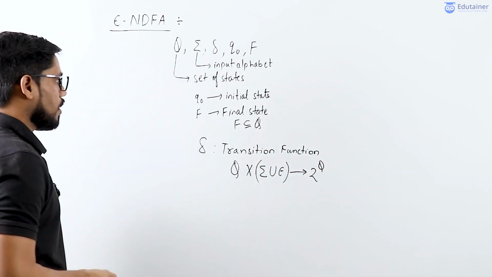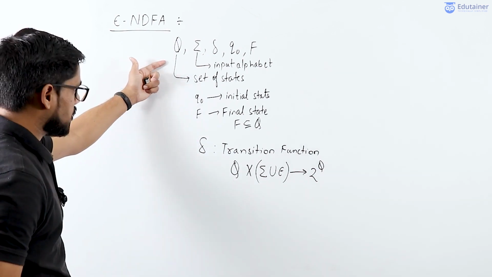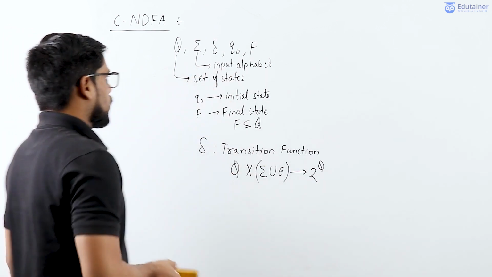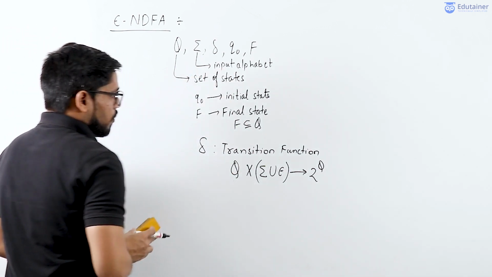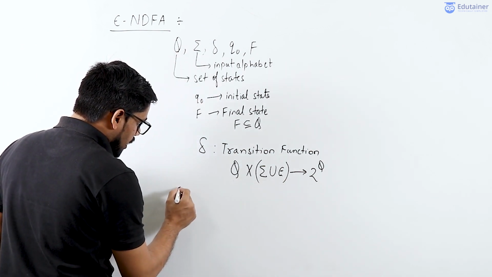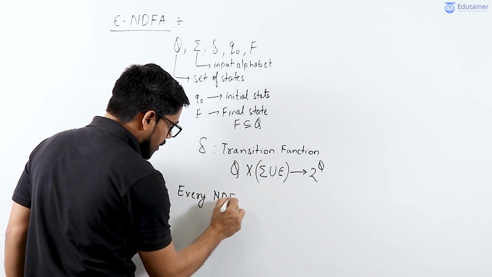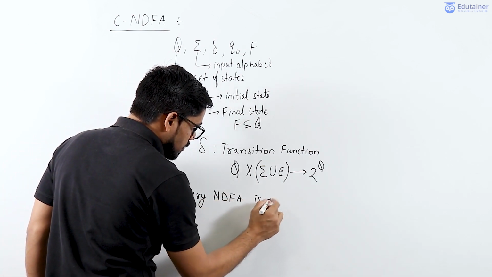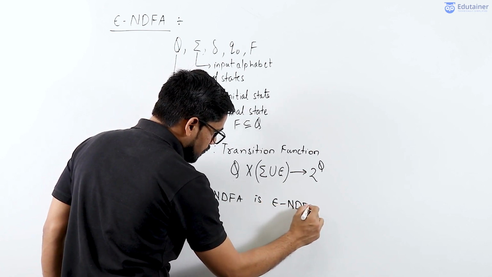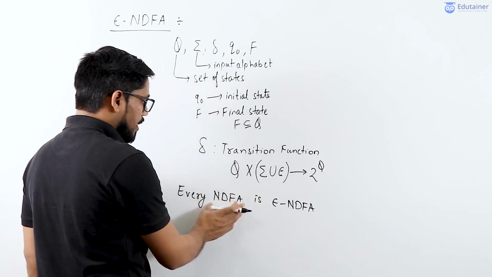The other things are the same: the set of states, initial state and final state. From this we can clearly say that every NDFA, non-deterministic finite automata, is an epsilon non-deterministic finite automata, because epsilon NDFA contains the NDFA portion.